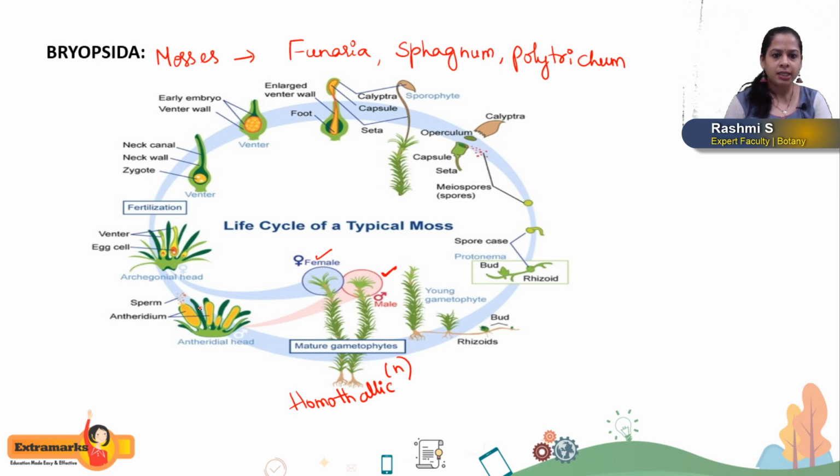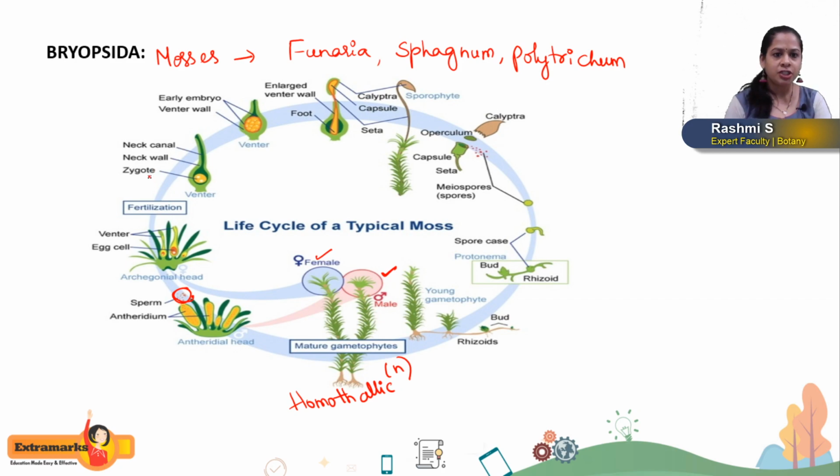Then in the antheridial head, there are various antheridia which produce the antherozoids, and in the archegonial head, they have a number of archegonia with neck and venter, where the venter actually contains the egg.